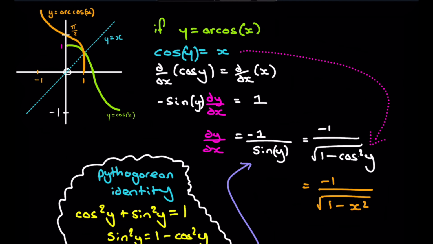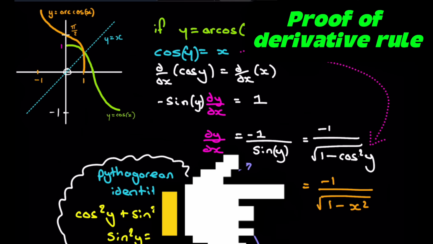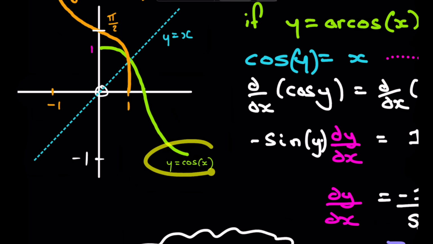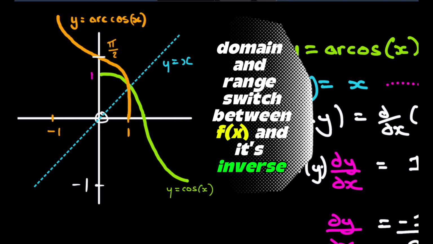Okay, so as I said earlier, if you're interested in knowing where the derivative actually is derived from, what I did here is I drew the cosine x, I drew the inverse of cosine, which is a reflection in the line y equals x. Be mindful of the domain. Remember, range becomes domain and domain becomes range.